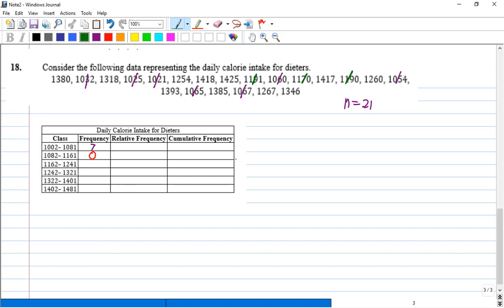So I got 3. Now 1321. Wait, did I miss one? No, I didn't. That's 1321. So that is 4.